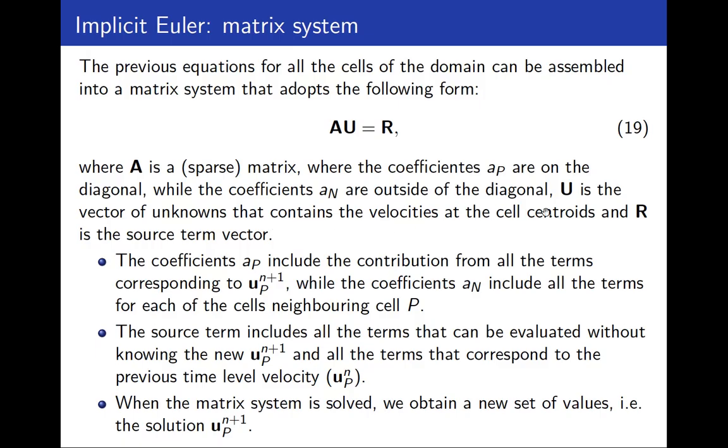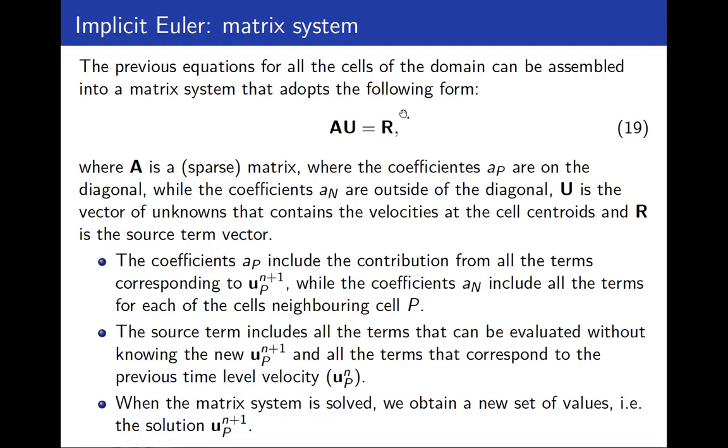U is the vector of unknowns, so the vector U will contain all the velocities at the cell centroids, and R is the source term vector. The source term will include all the terms that can be evaluated without knowing the value of the velocity at n+1, and also all the terms that correspond to the previous time level, that means the velocities at time level n.